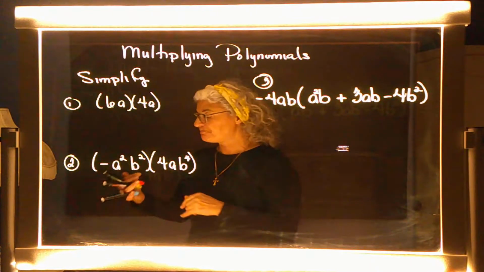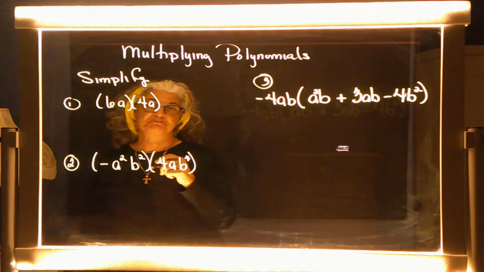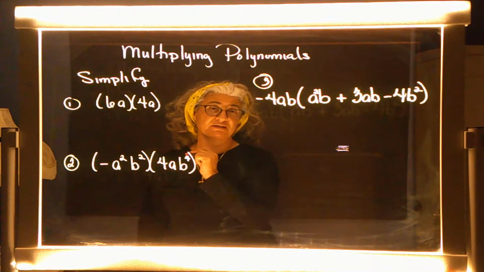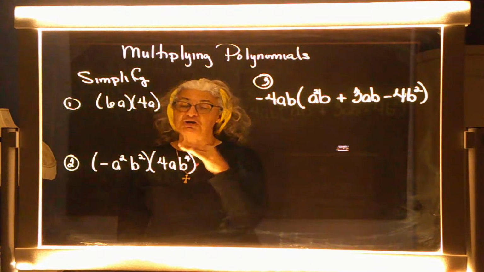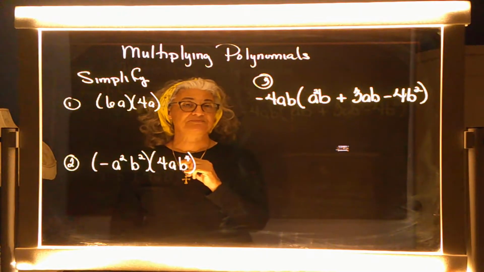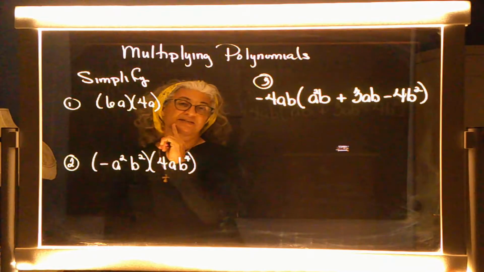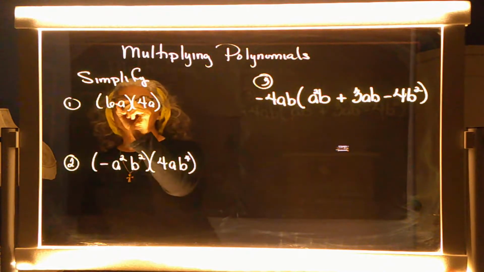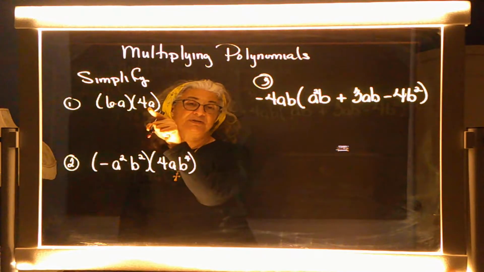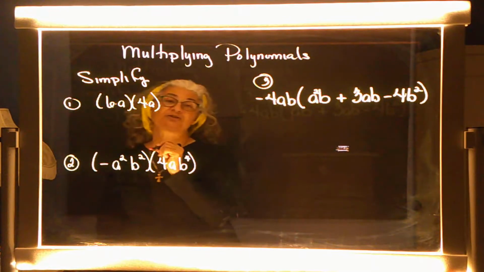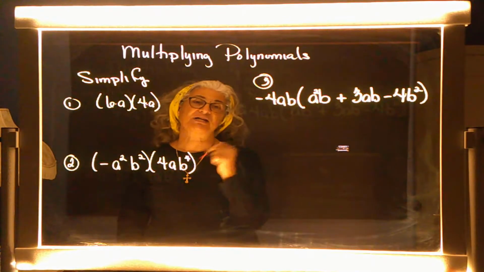Are you with me? So take a look at this first problem. Again, notice it says simplify, which means do the operation they ask you to do. So, in this parenthesis, what operation is between the 6 and the a? Yeah, it's multiplication. And in this parenthesis, yeah, that's multiplication too. 6 times a, 4 times a.